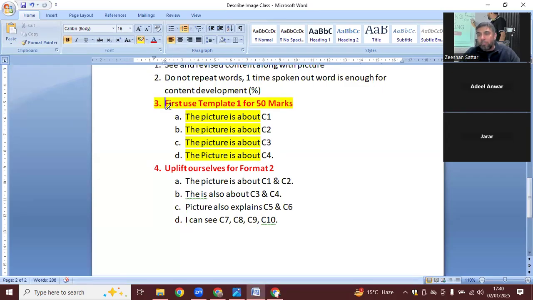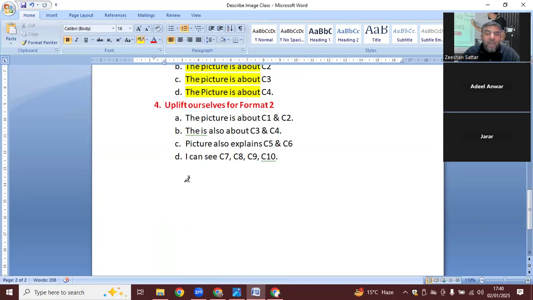I'm telling you. What is the right way then? We can make it better. For an example, the picture is about content word 1, content word 2. The picture is also about, here the word picture is missing. The picture is also about content word 3, content word 4.